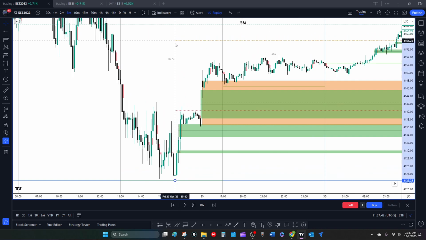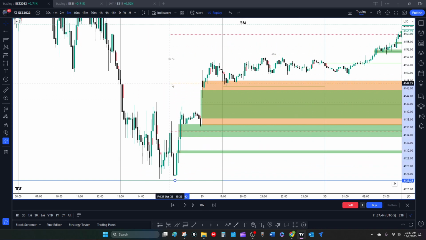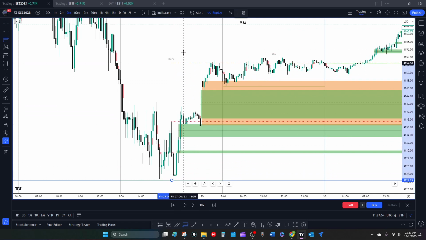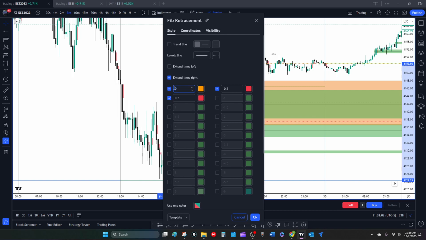How do I? Go from down there to there, and then just open up the fib settings, and we'll click on a few things. Nope, down to that first layer, just where we had it originally. Okay. Yep. And then we'll just click on 2 and 2.5.